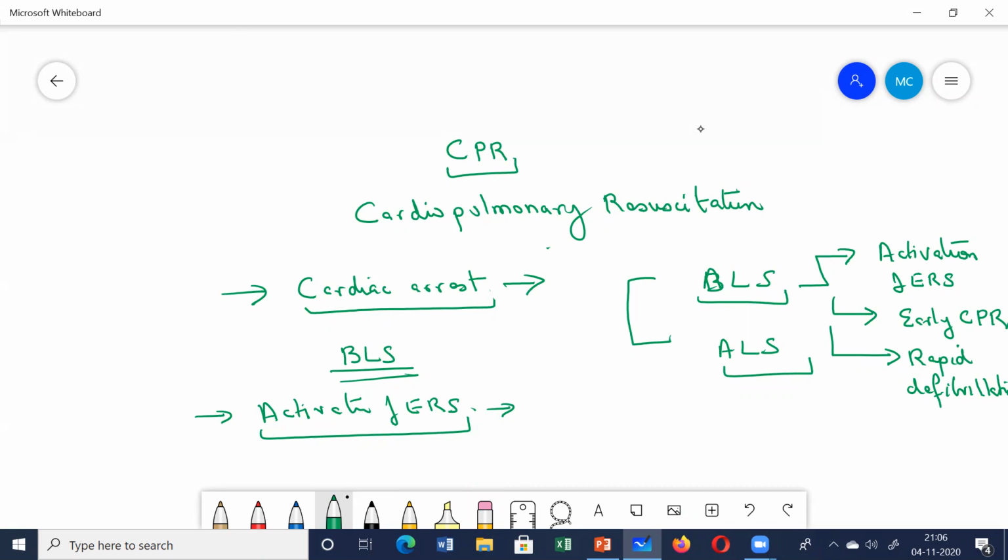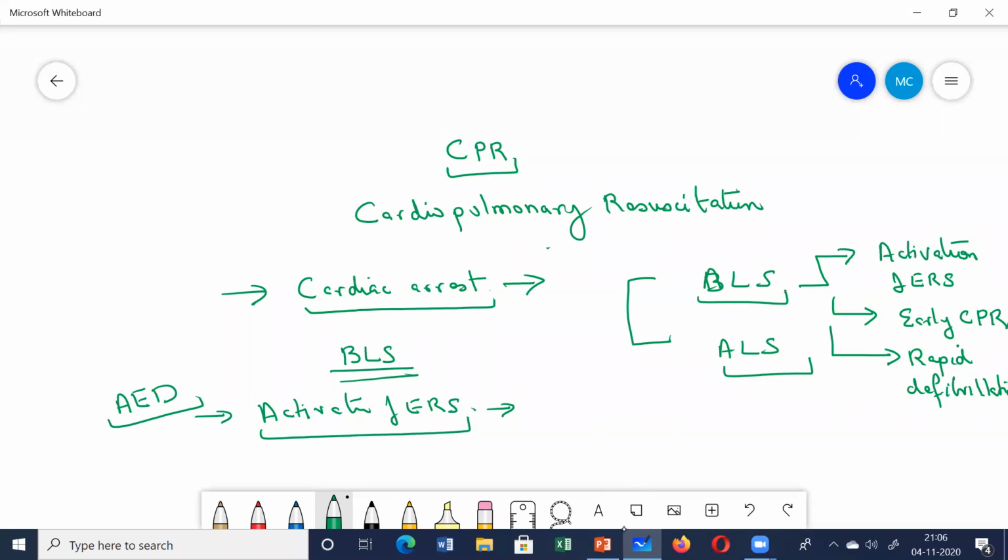If other rescuers are also present, tell someone to get the AED, the automated external defibrillator. I'll show you this instrument also in the pictures. Then the rescuer should start CPR immediately.